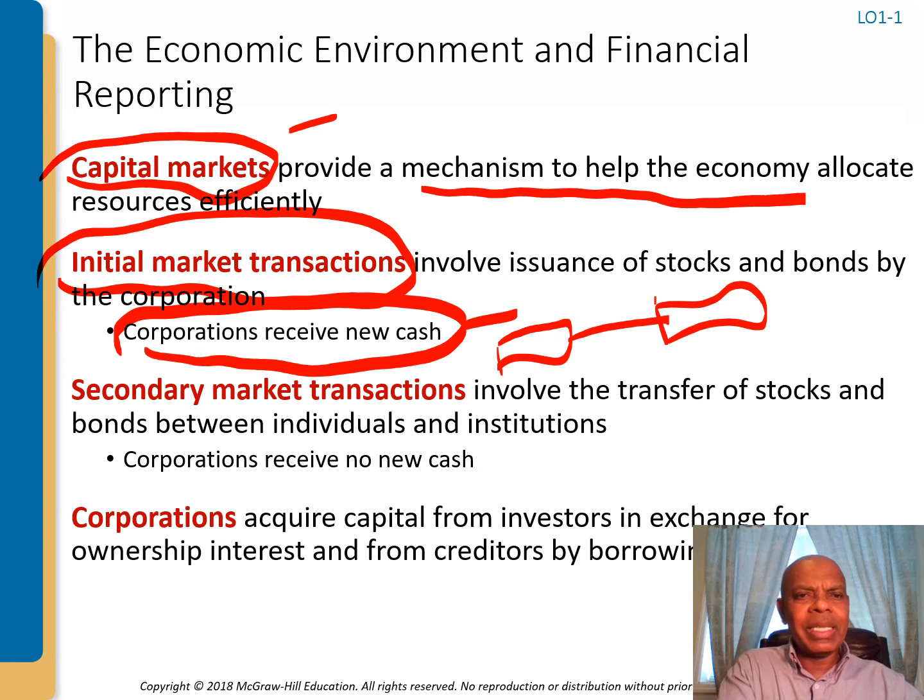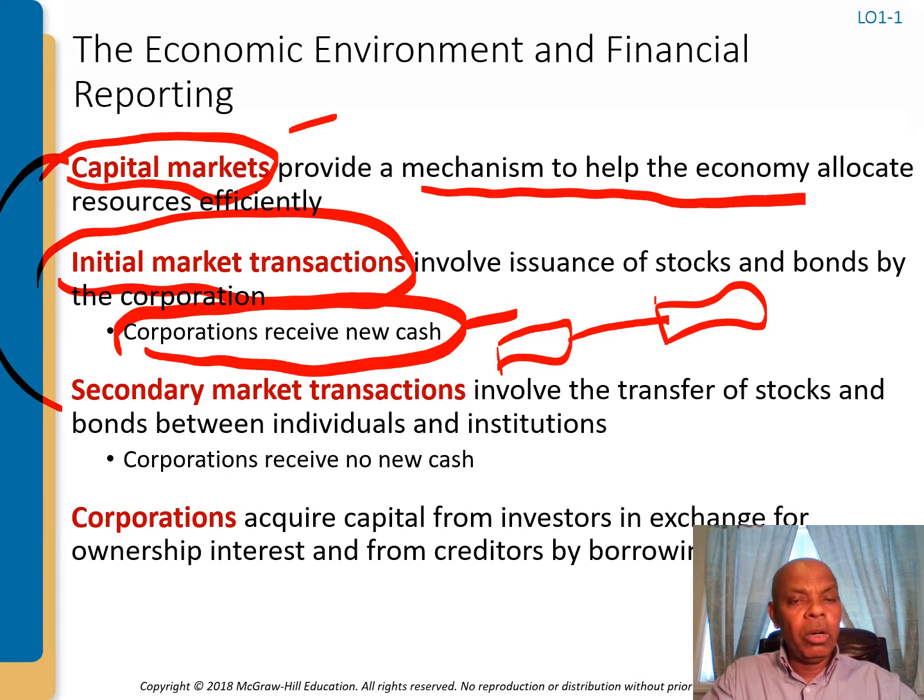That's the capital market right here. Through the capital markets, this secondary market transaction takes place. In that case, cash transfers only between the people selling and buying, not necessarily the corporation.